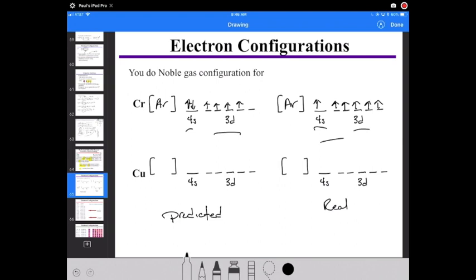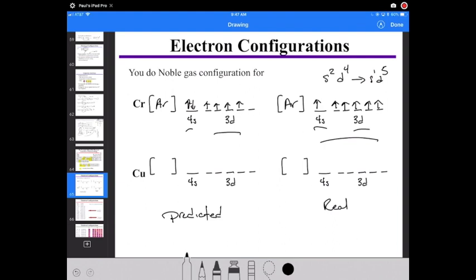This is actually lower in energy. If you would have predicted something that is an S2, D4, because of stability, it becomes an S1, D5. That is one of the only rules that actually makes sense. The other ones are just random.